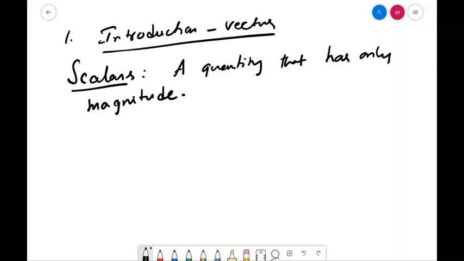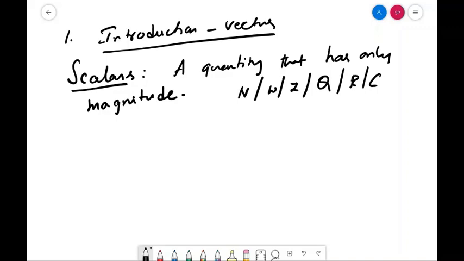They are all the numbers which come. It can be either a natural number or a whole number or an integer or a rational number or a real number or a complex number. Any number which has only its magnitude, we call it a scalar, and it has only one dimension.